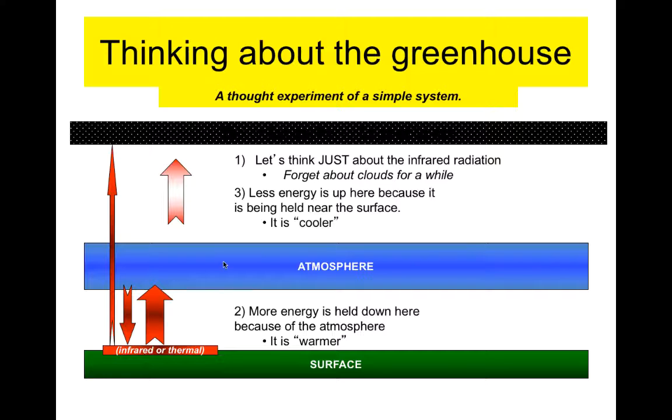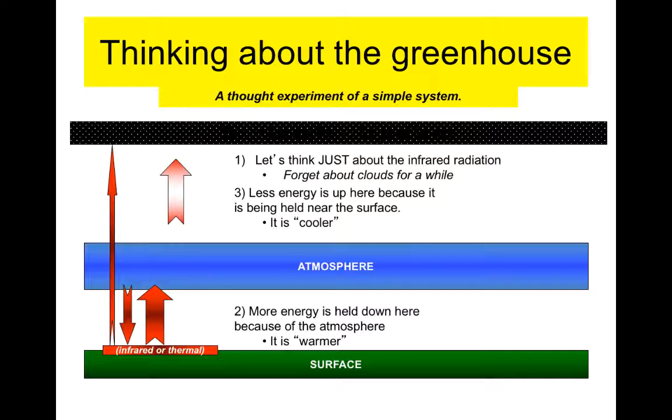Less energy is up here, I should say, because that energy is being held down to the ground. So we start to see a cooling effect up here at higher altitudes. This is paradoxical to some, that in a warming Earth we would also see signals that are cooling.